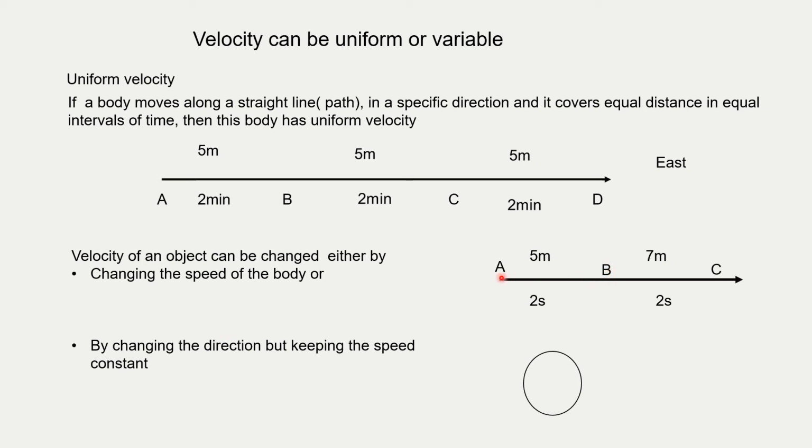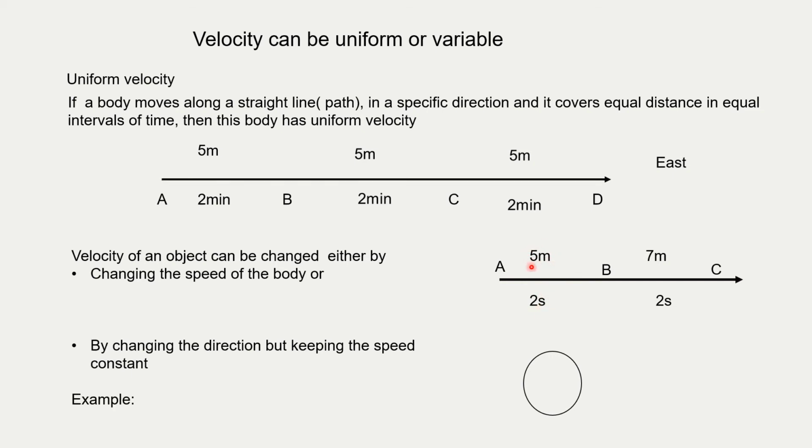We have the body moving from A to B and then it is moving from B to C. Now if the body is moving from A to B and covers 5 meters in 2 seconds, what will be the speed of this object? Distance upon time. So 5 meter divided by 2 seconds is 2.5 meter per second.